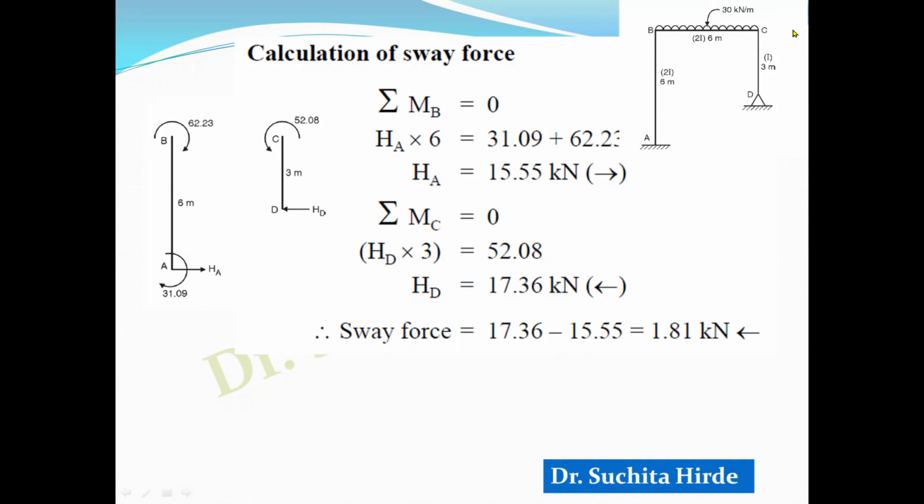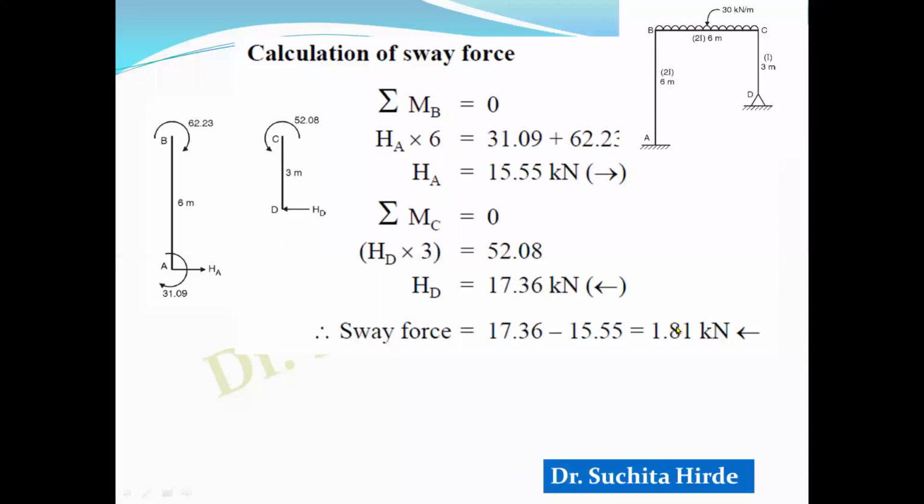It is towards right, 1.81 kilonewton. If you take summation of horizontal forces equal to 0 and calculate the reaction at C, you will get 1.81 towards right, and therefore the sway force is in the opposite direction, which is 1.81 kilonewton towards left. I hope this is clear to you.